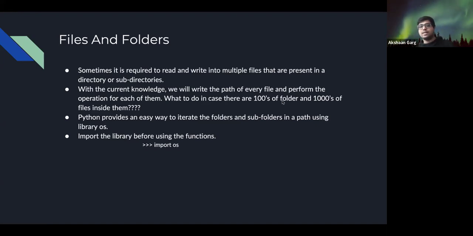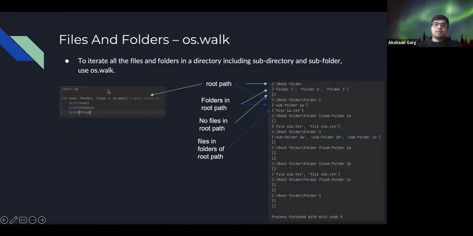What to do in case there are hundreds of folders and thousands of files inside of them, right? To do this, Python provides an easy way to iterate through folders and subfolders using the library called os, right? The way you can use this library is simply by writing import os as your first line in your code, right? We'll have a look at this in just a second.